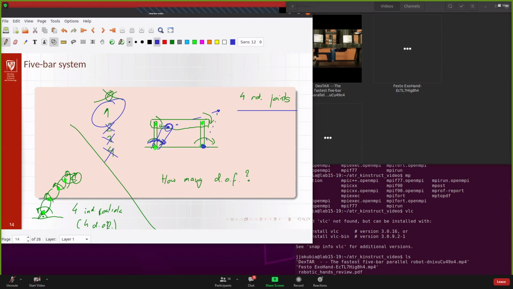So we have only 1 independent rotation. It doesn't need to be the first one. It can be the last one. It can be any of them in the middle. Of course, practically, it will be some joint at the base, but it doesn't matter if left or right. But we cannot freely move the other ones.